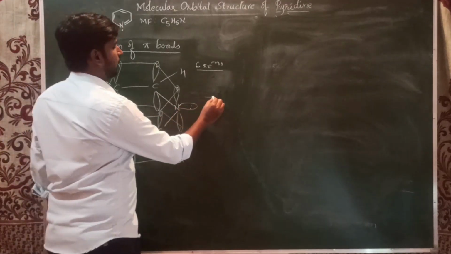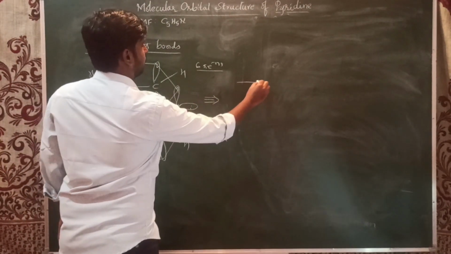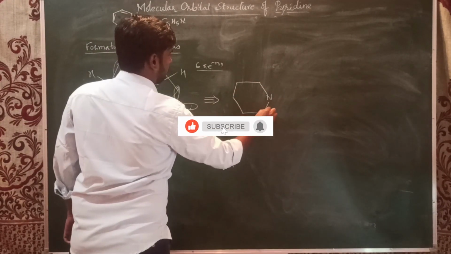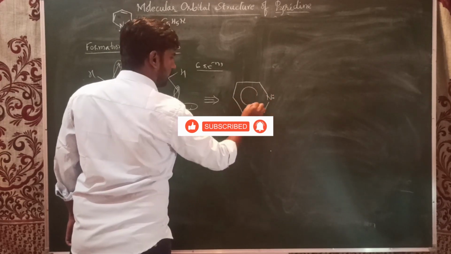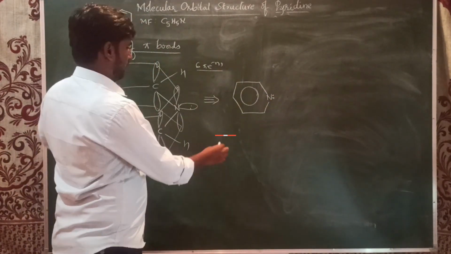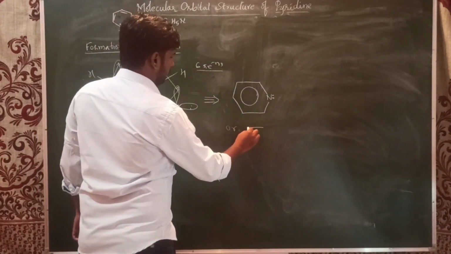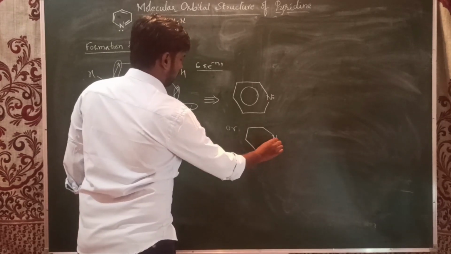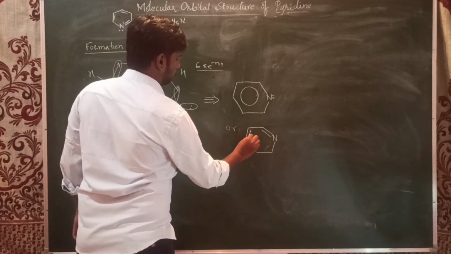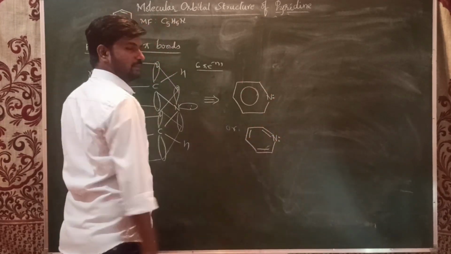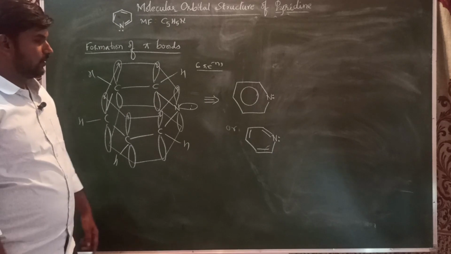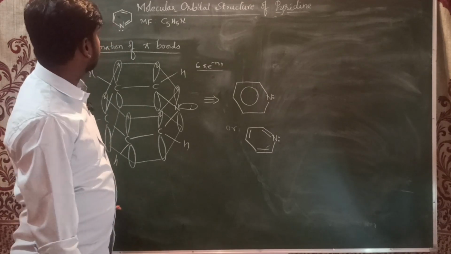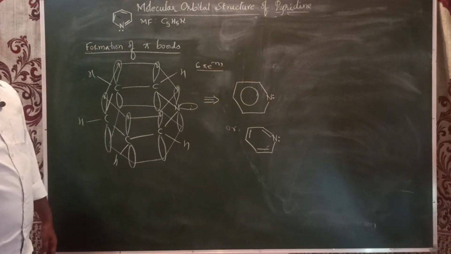This structure is now equivalent to this structure. And still there is one lone pair of electrons on nitrogen. This is about the molecular structure of pyridine.